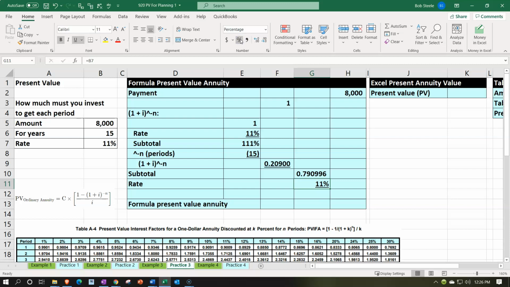Then we're going to pull this out to the outer column here, and this is going to be equal to, now that I've got my numerator and denominator in this inner column, the numerator divided by the denominator. Let's add some decimals: home tab, numbers, add a few decimals there.